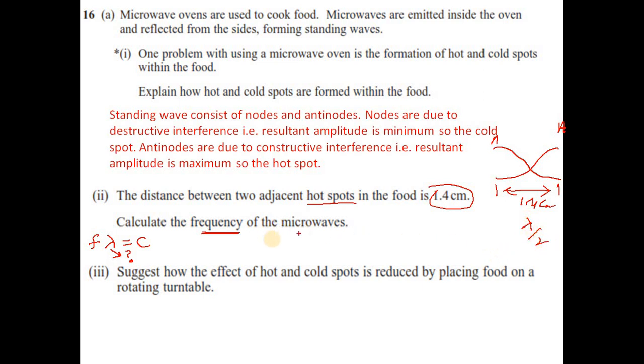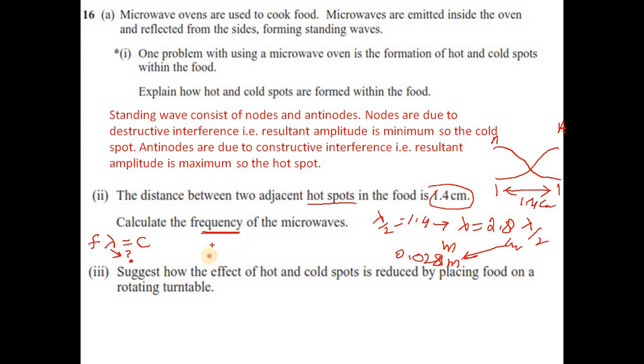So lambda by 2 is equal to 1.4 centimeter. That means the wavelength is 2.8 centimeter, and then you can convert this centimeter into meter, dividing by 100, so 0.028 meter.